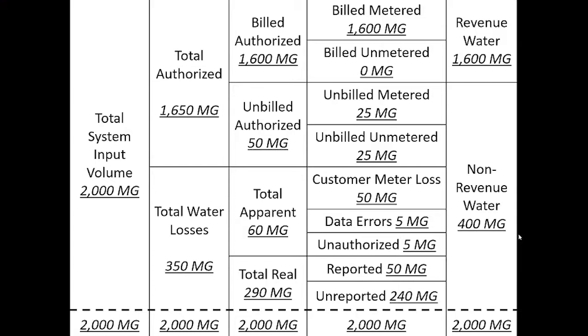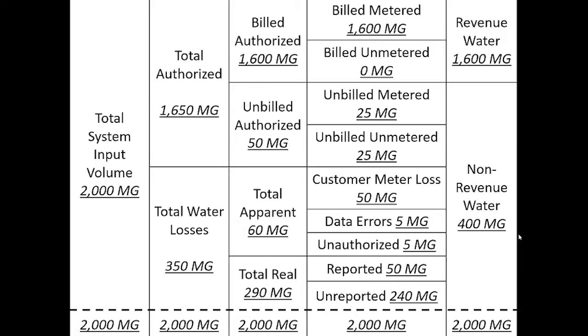And whatever's left over after we take the total system input and subtract out the total authorized consumption gives us our total water losses, which can be broken out into 2 distinct types. The first one is total apparent losses. Now, this isn't actual physical water leaking from the system. This is basically paper losses because of data inaccuracies within the billing system or the customer meters, or because someone stole water from you.